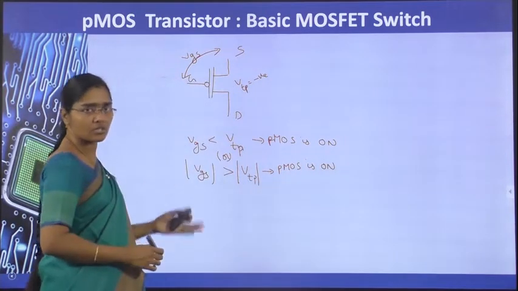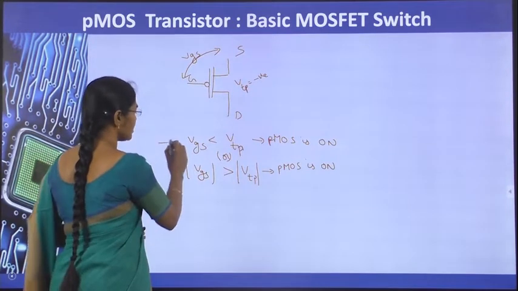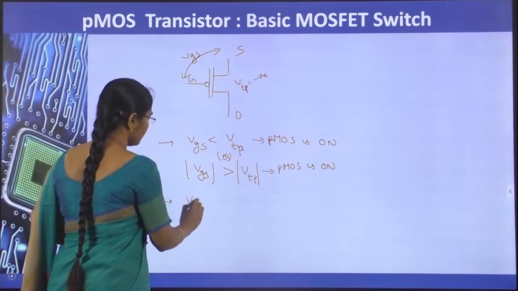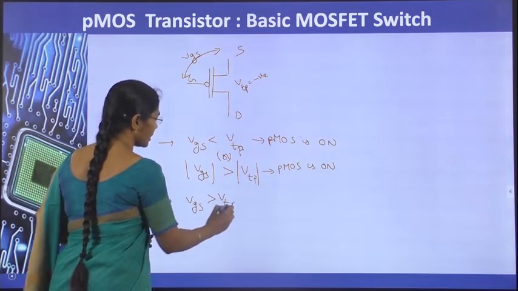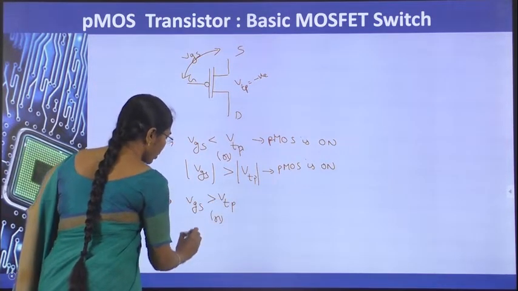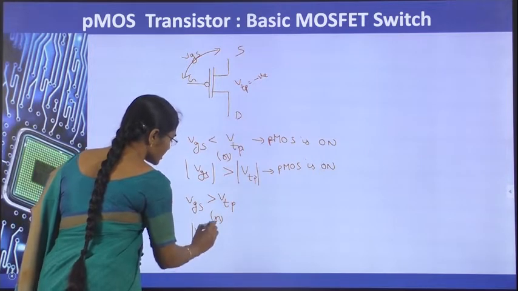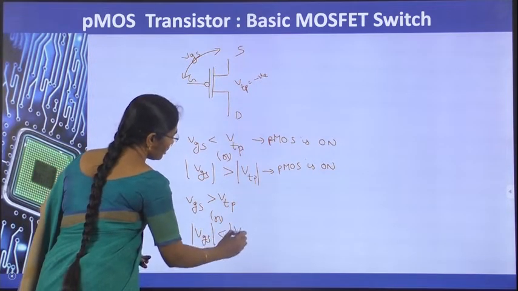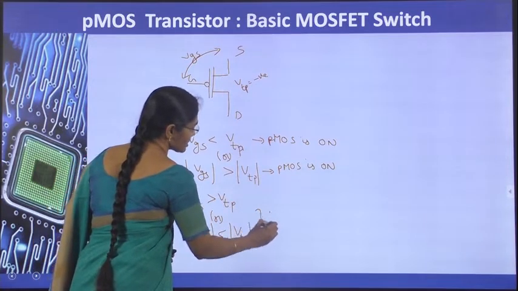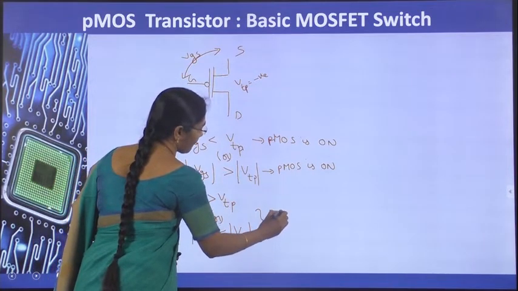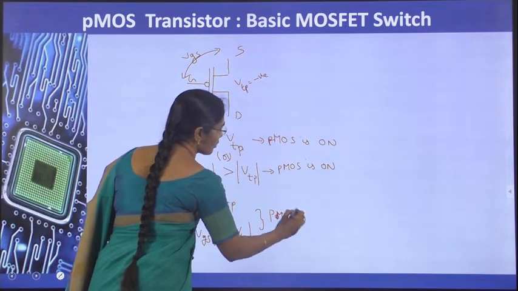And the other condition, that is when VGS is greater than VTP, or mod VGS is less than mod VTP, then for these two conditions the PMOS is off.